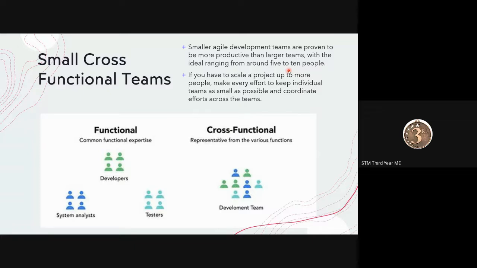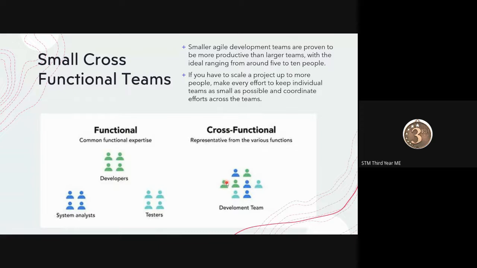In the case of a functional team, the developers know only what they have to do. They don't have to know what the tester or the system analyst does. But in a cross-functional team, every individual is aware of the processes to be done, but the processes are done by the respective individual who does that process in the team.